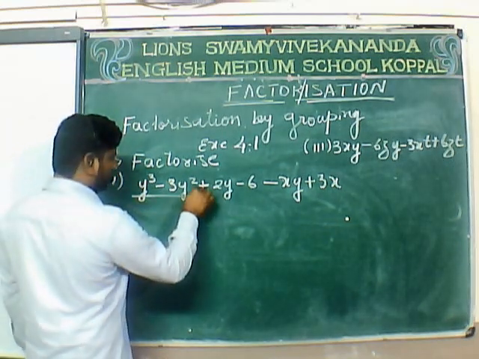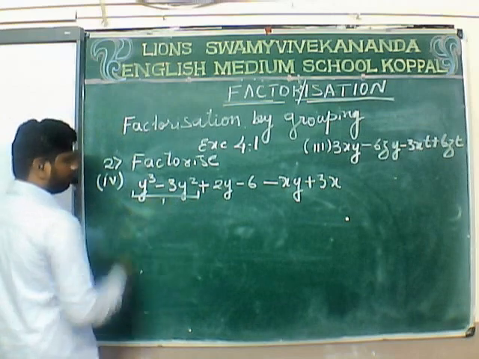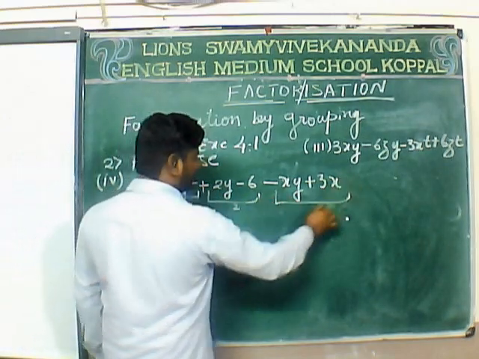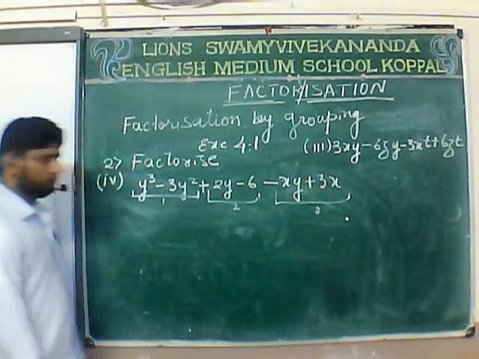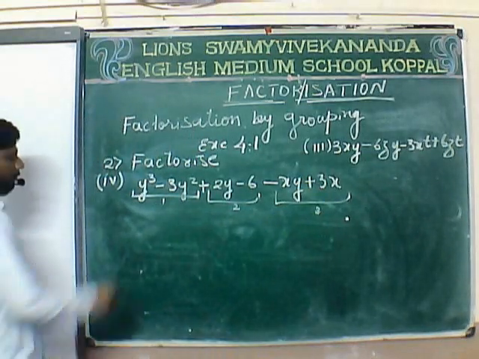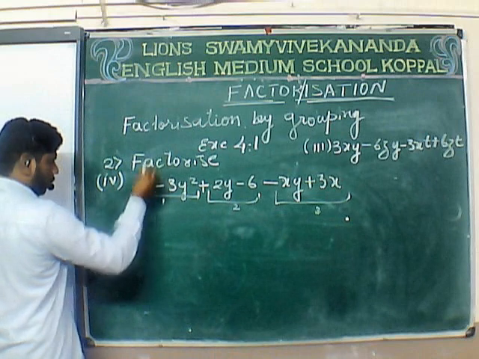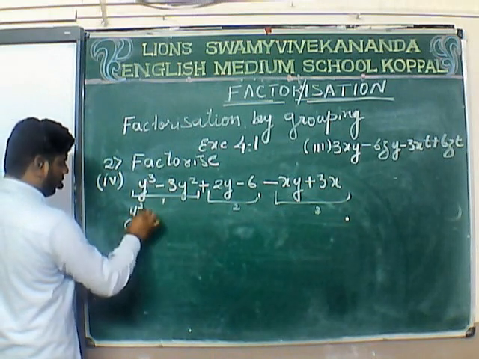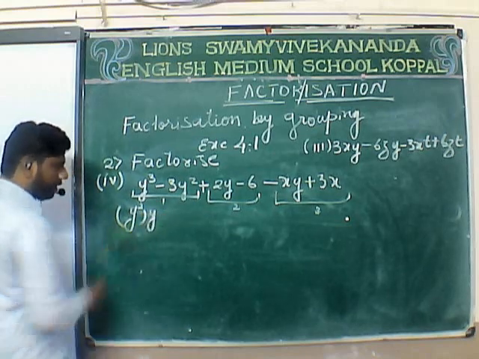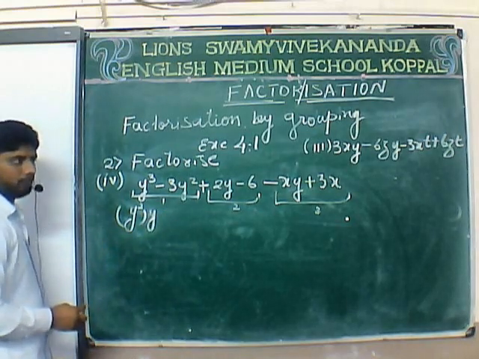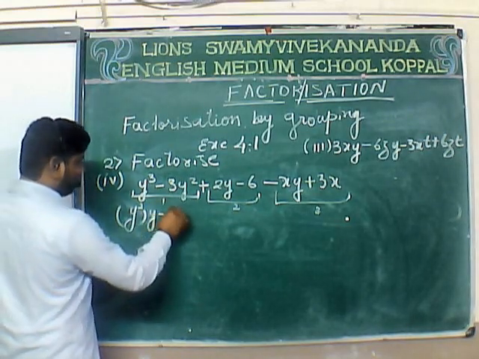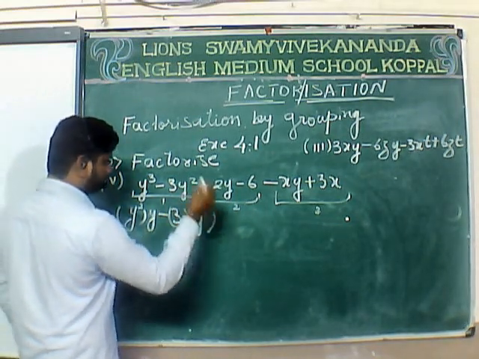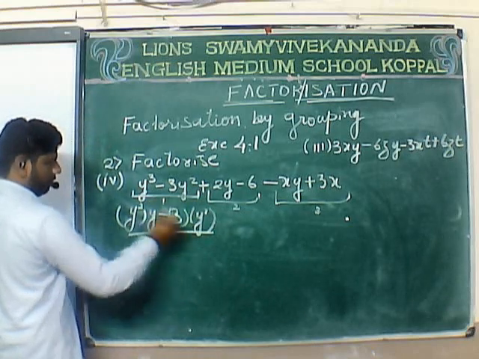Take this as the first term, this as the second term, and this as the third term. Now here y cube can be written as y square into y. Can we write like this? Yes. So minus 3 into y square, this is from the first term.